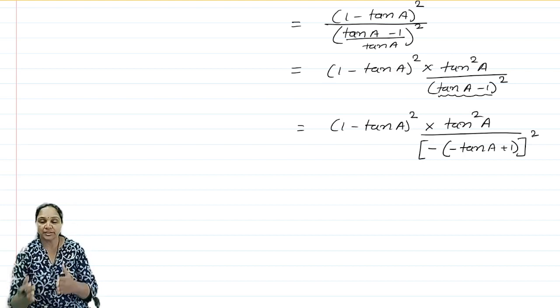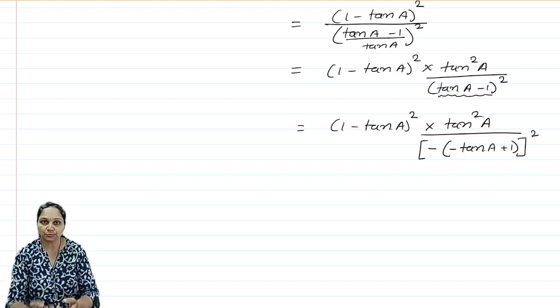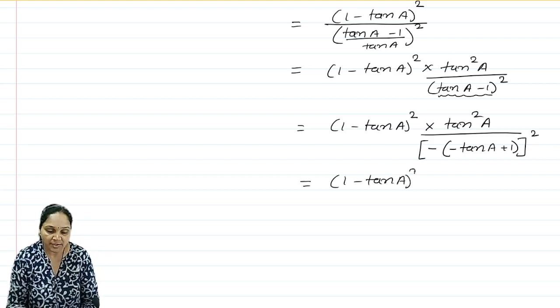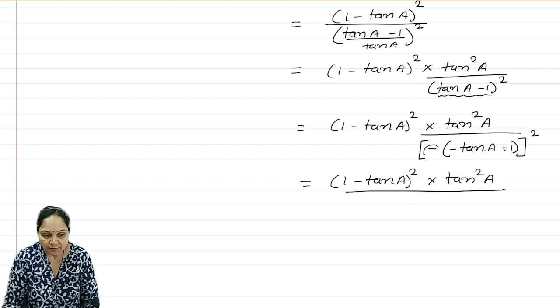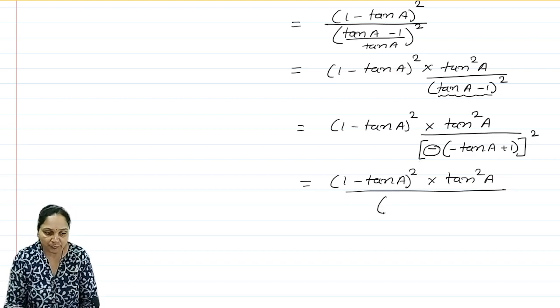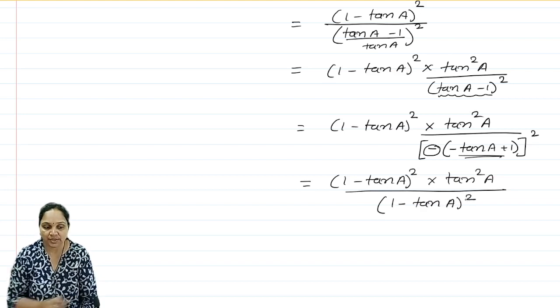When we take the minus sign common, we need to change the signs inside the bracket. So now this is (1 − tan A)² into tan² A, and now see, minus squared is plus. Okay, so I can remove this, and just rearrange this as (1 − tan A) whole squared.